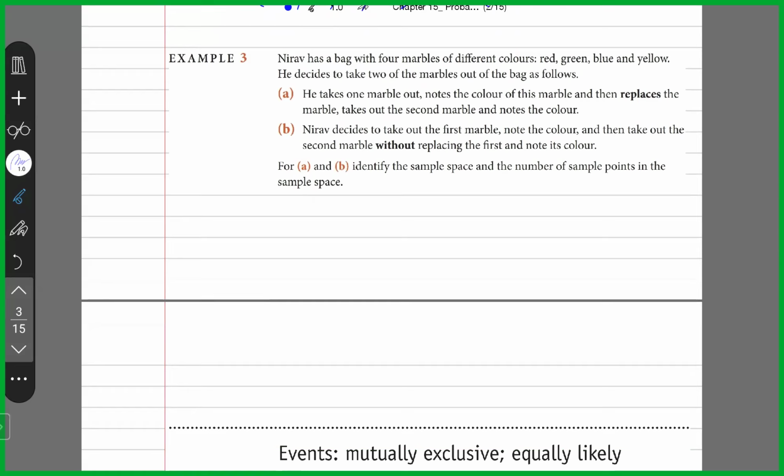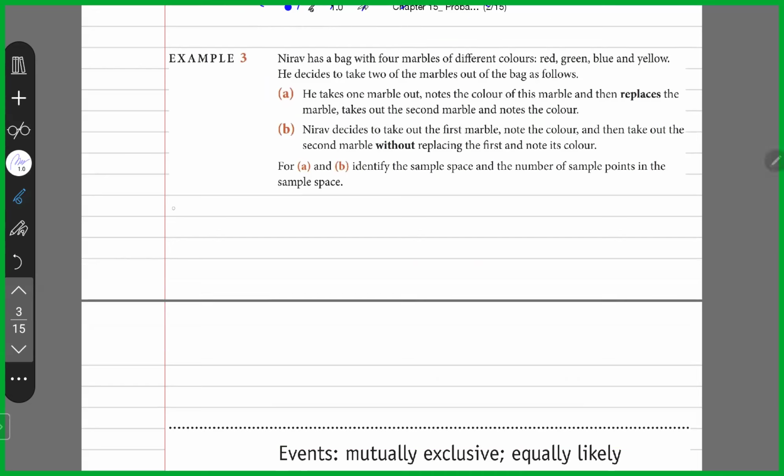A, he takes 1 marble out, notes the color of this marble, and then replaces the marble. In other words, he takes out, notes the color, and then puts it back in the bag. Takes the second marble and notes the color. For A and B, we're to identify the sample space and the number of sample points.